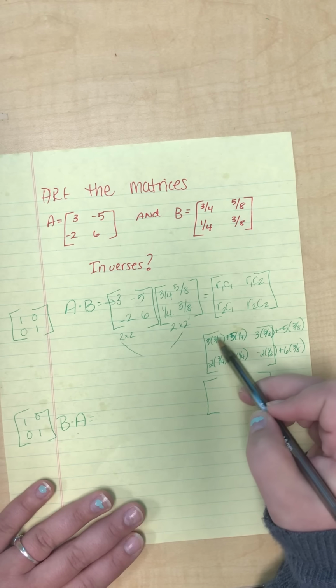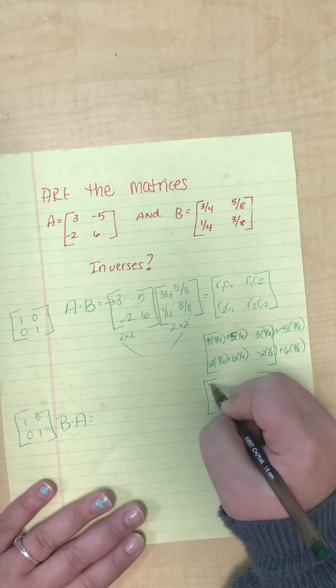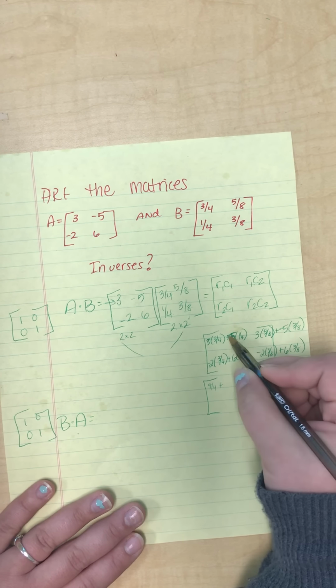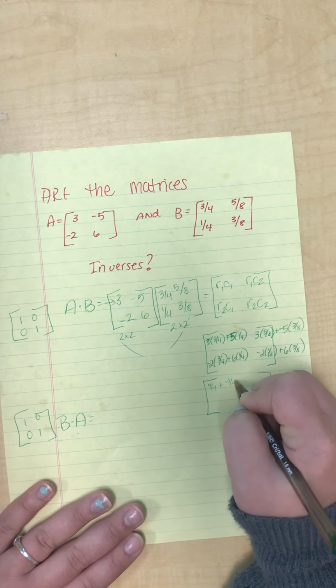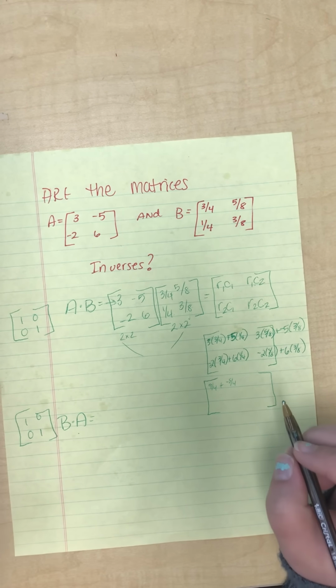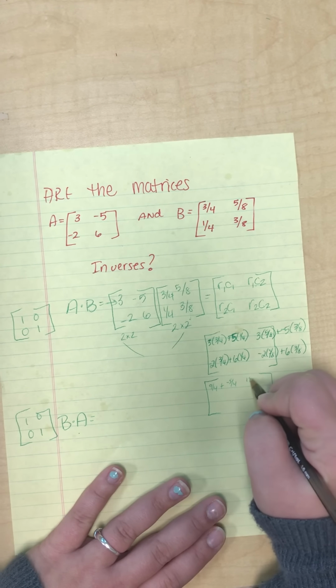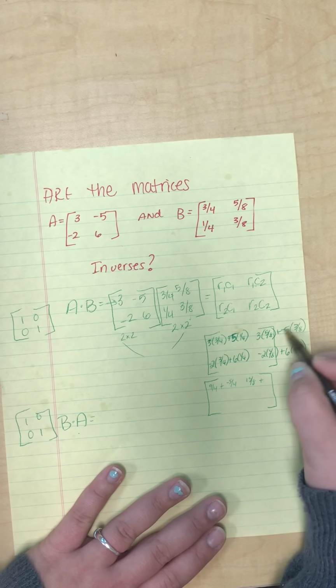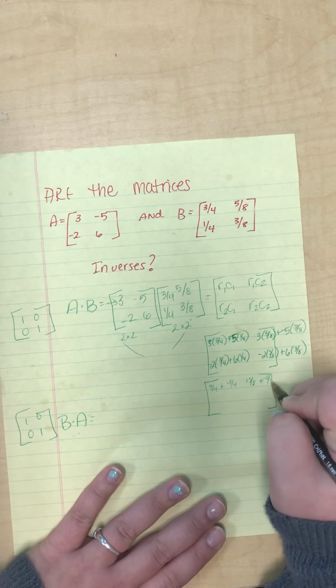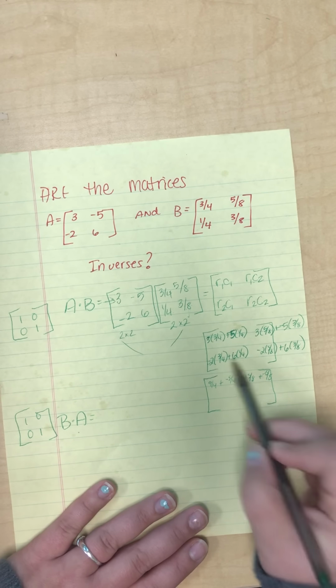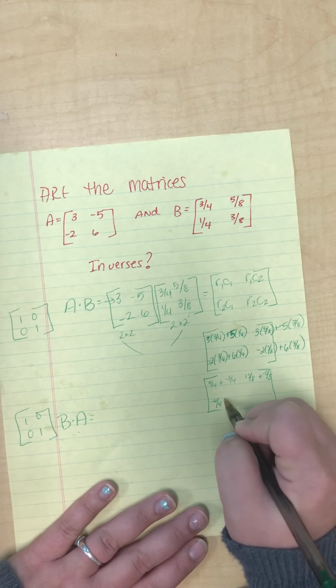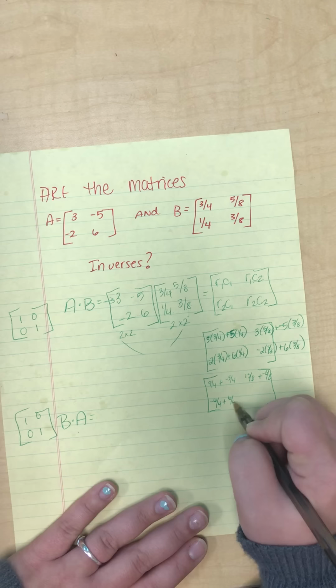All right, so this gives me 9 over 4 plus -5/4. Here I'm going to get 15/8 plus -15/8. Here I'm going to get -6/4 plus 6/4.